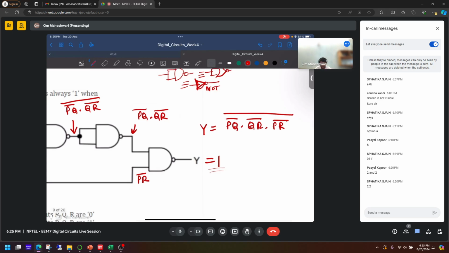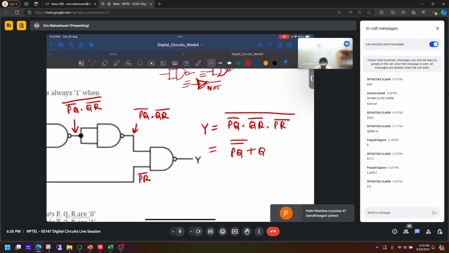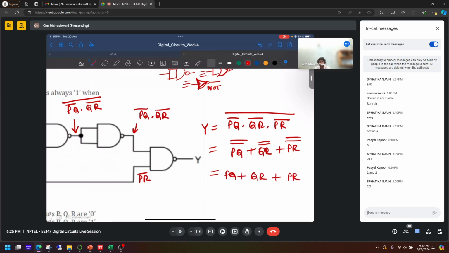Right? And we can use De Morgan's here. This will be PQ plus QR plus PR. Right?